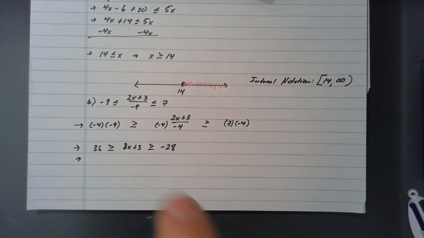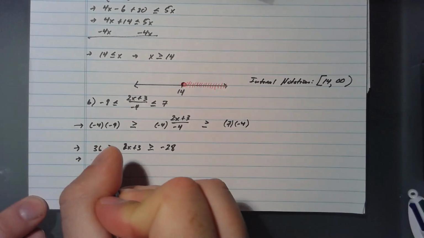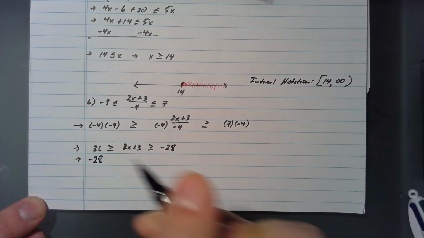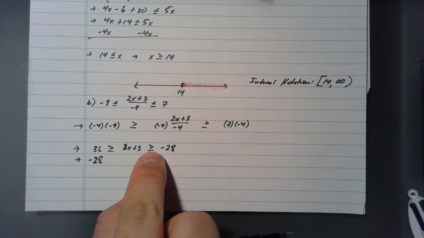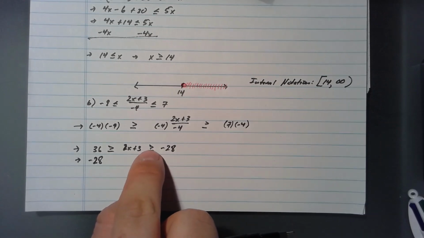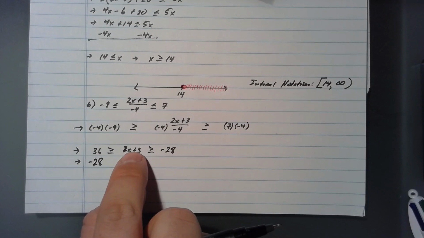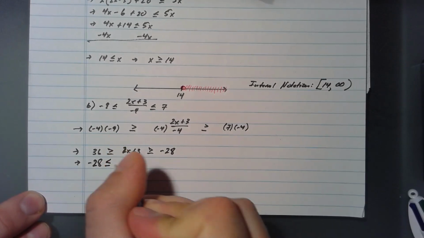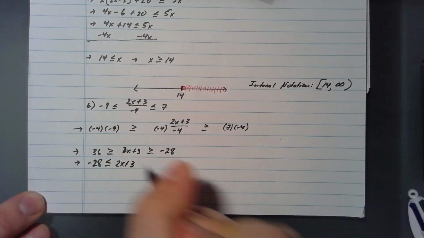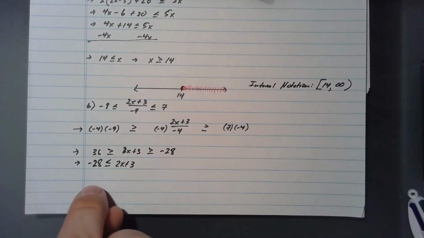So again, when you do this, we're going to put -28 on the left. And now, since the open part of the inequality is facing the 2x plus 3, that still has to be true.